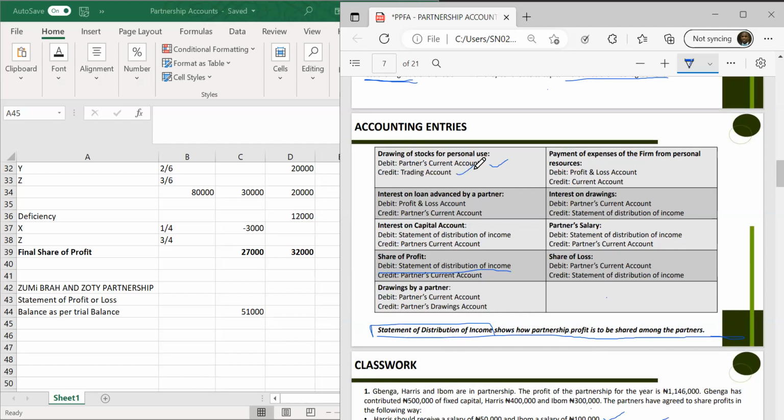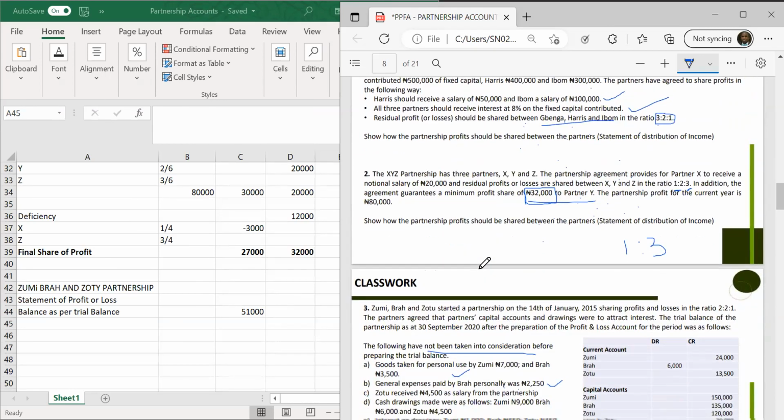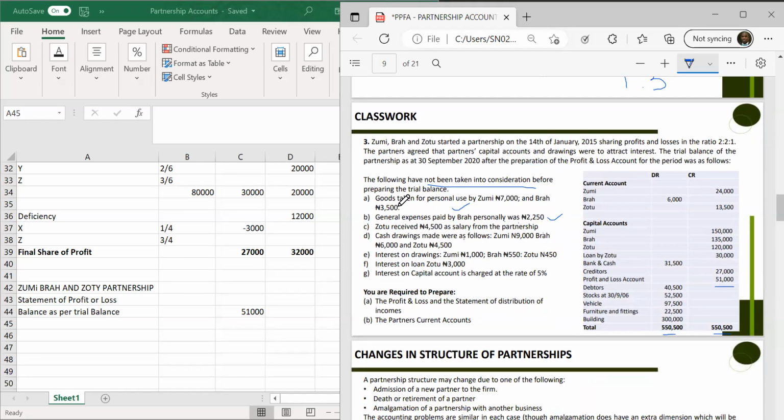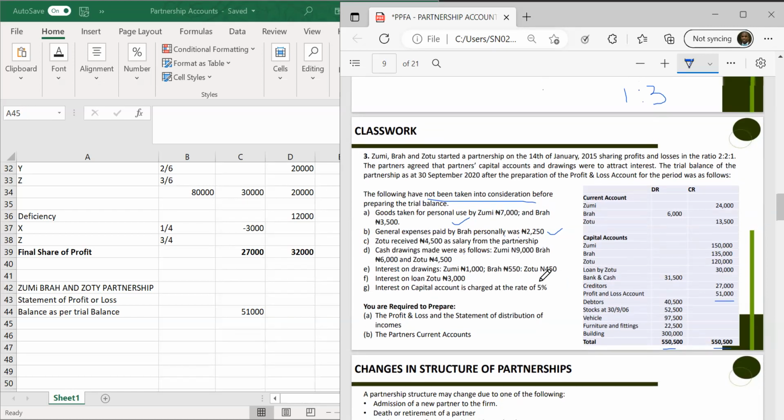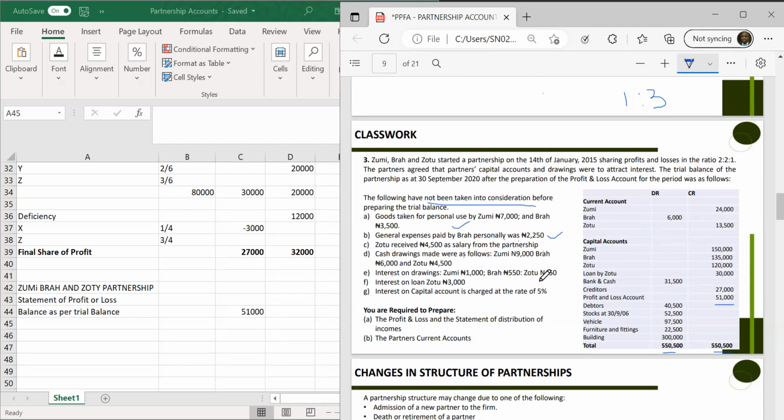By crediting the trading account, it's like you are crediting the sales account. The sales account is going to increase. So because they didn't record this before, we are supposed to add this entry to increase our profit and loss. Do you agree or do you disagree?